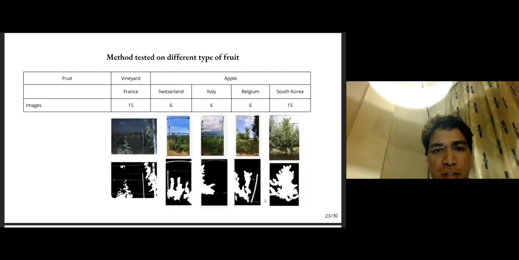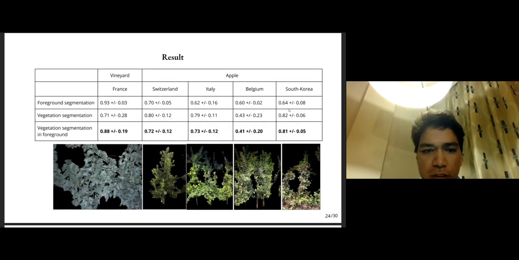This method we tested on some fruits, the banana and apple. For the apple, we have some images taken in Europe and Asia. The result is good. We had some good performance for the banana and apple in general.